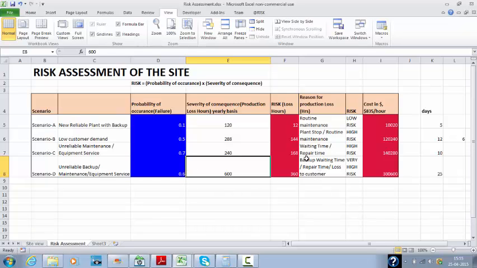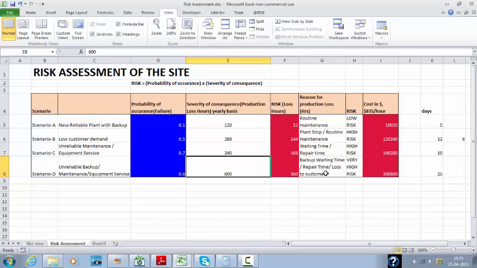This is due to the backup waiting time, repair time, and loss to the customer, and we have not factored in the loss to the customer. The reason is it's complex, and the supplier is more focused on his liabilities, and the loss to the customer is beyond his purview. In this particular case, I'll come back to that later, there is a loss to the customer, because if we don't supply the product, it's critical to the customer.